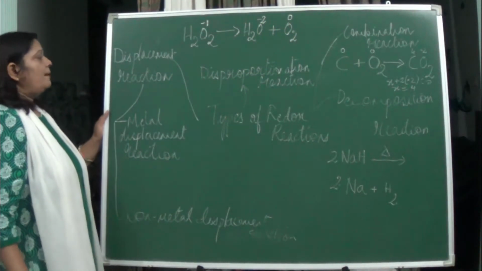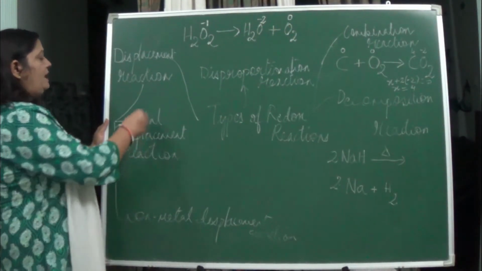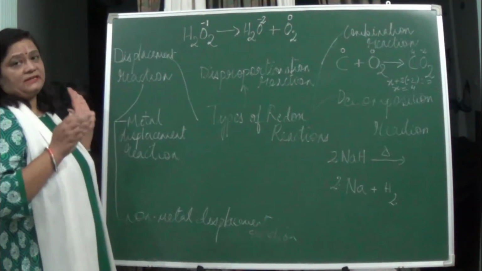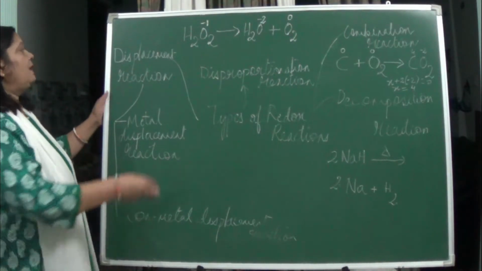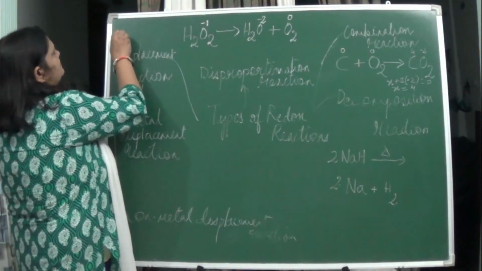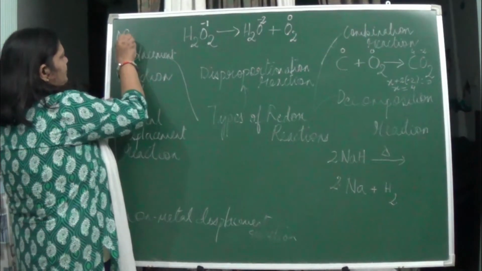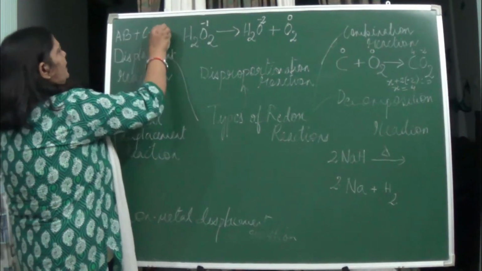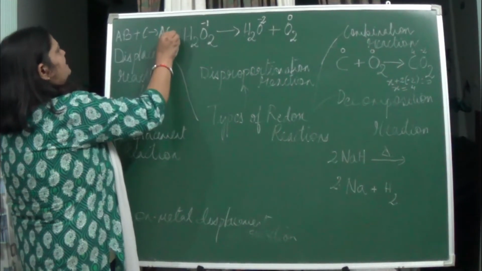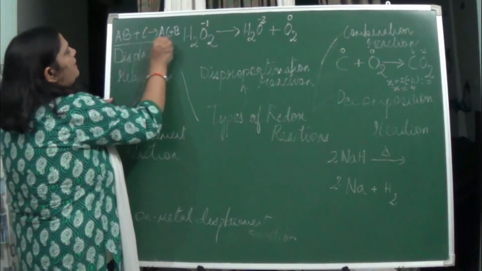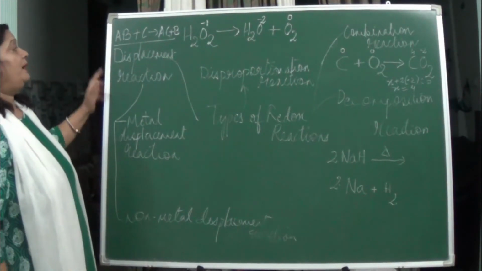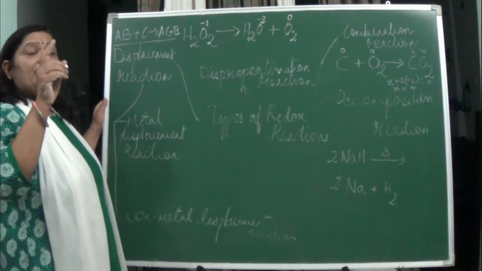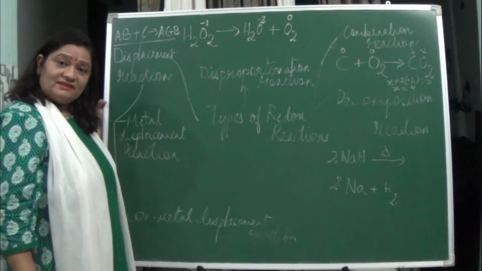Now coming to displacement reaction. Displacement reaction means displacement is taking place in the reaction. For example, if we take any substance AB plus C, it becomes AC plus B. So displacement is taking place. In the case of metals, displacement depends upon the reactivity series.